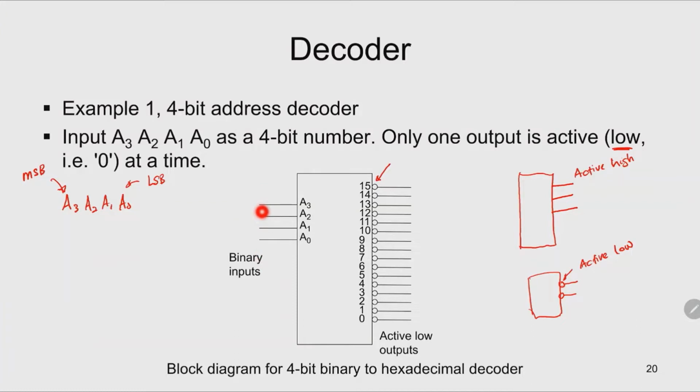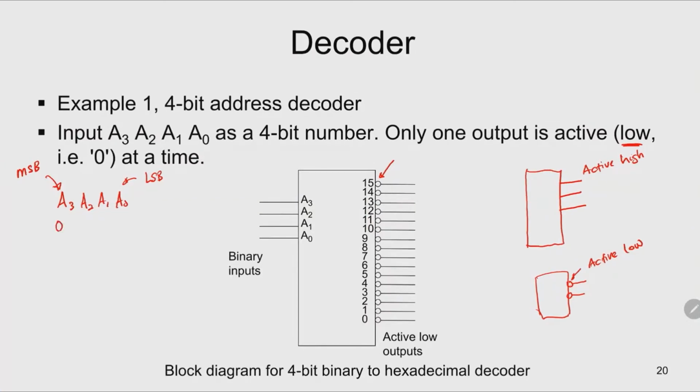Every combination of our 4-bit binary will activate a single line of the output. So you go from the normal binary number. If it's 0, 0, 0, 0, it's equal to 0.